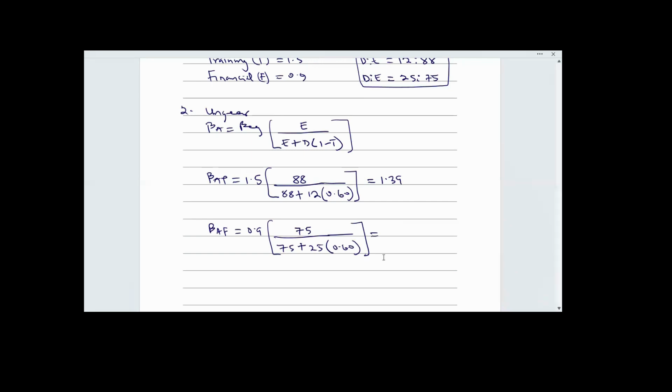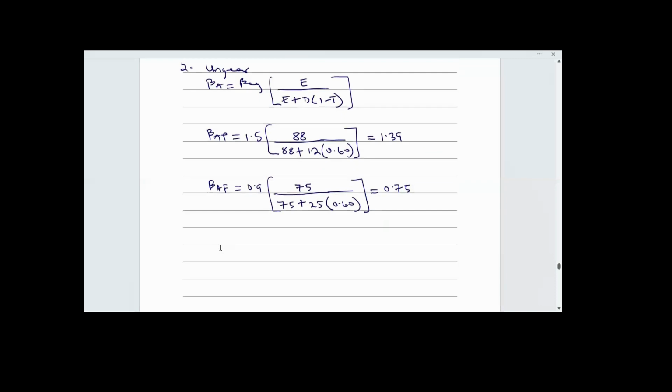What do we get? Bring out your calculator. Let's do it together. 0.6 multiplied by 25, plus 75, equals 90. So 75 divided by 90, multiplied by 0.9, equals 0.75. So we have ungeared.